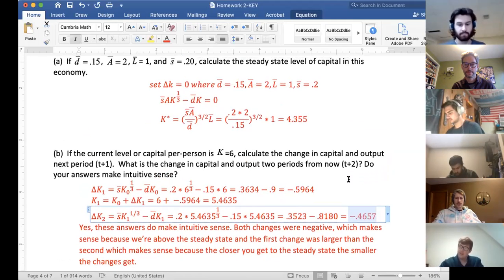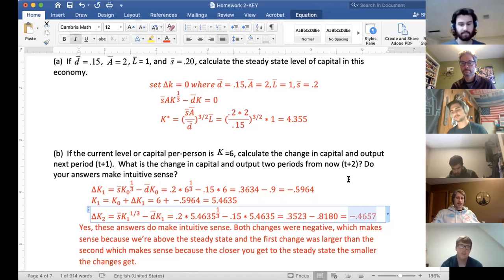Would it have been okay, to prove the intuitive sense part there, if we just solved for the drop period, so the negative 0.59 and then the negative 0.46, to prove that they're both negative and getting closer to the steady state? So I don't understand your question, Cole.